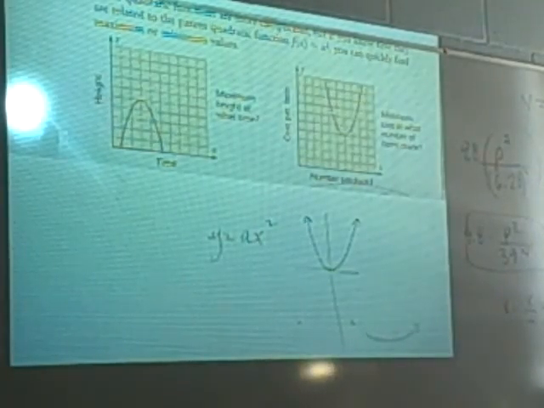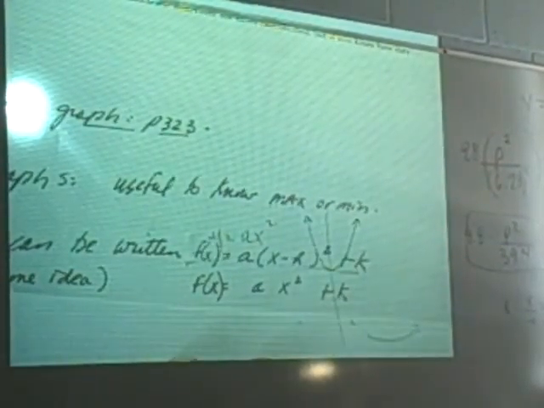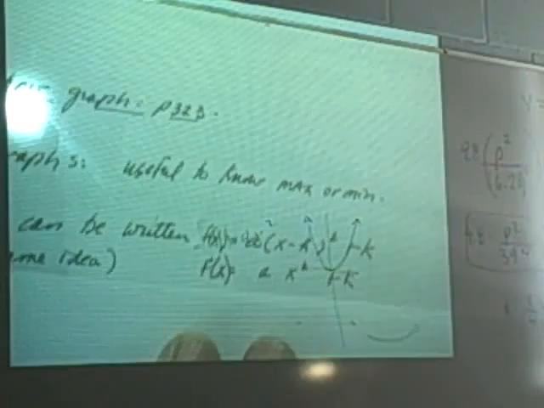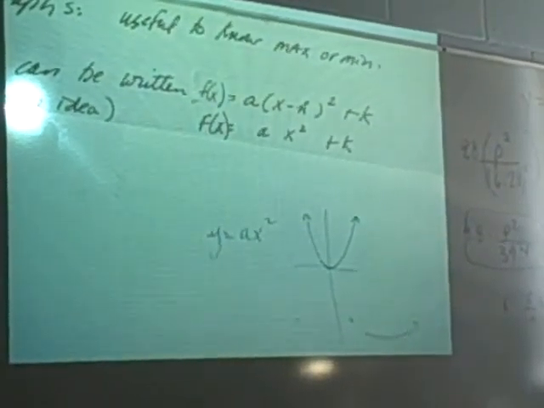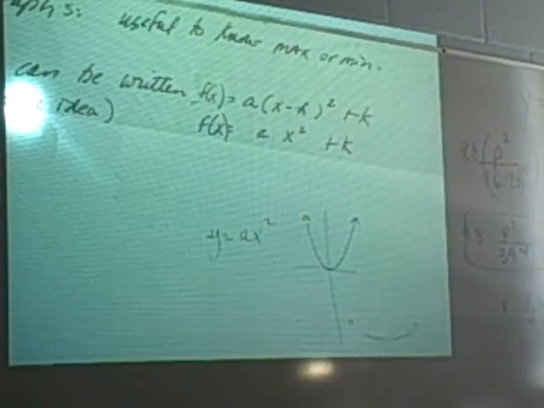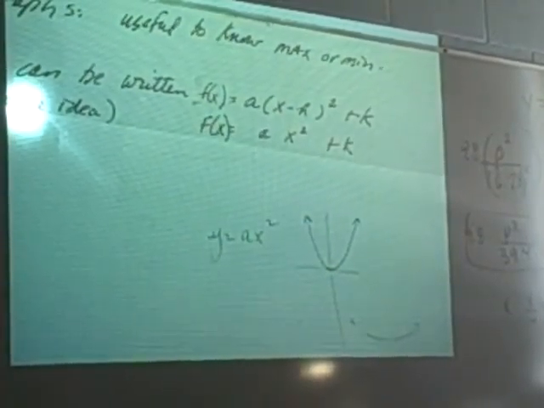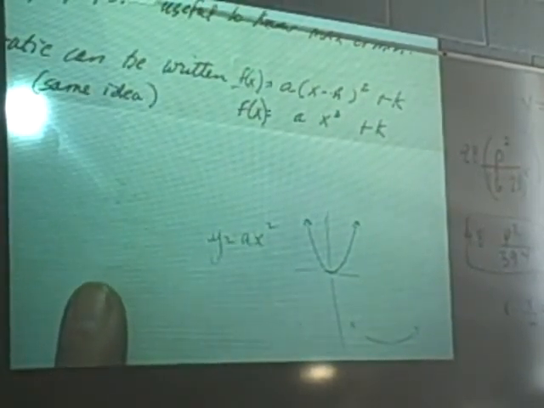Okay, so this is the goal of today's lesson, we're going to be learning about HK form, and I will tell you what HK represents in a second, but just want to make sure that we know that any quadratic can be written in this form.